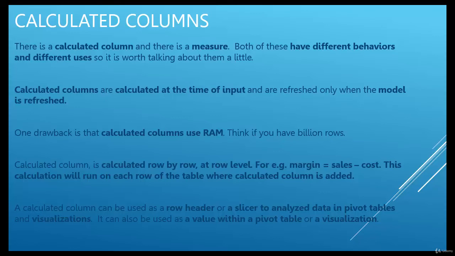A calculated column can be used as a row header or a slicer to analyze data in pivot tables and visualizations. So this row context can be applied within the filter context. If you're looking to filter data according to rows, you can apply this row context within the filter context. Or if you're looking to do a specific visualization on filter context, you can do this and use row context within the filter context.